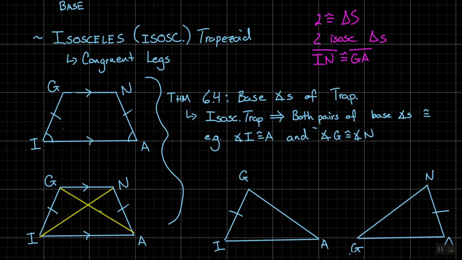Now, is there a side that's the same on both of them? IA is on both of them. And what did we just decide was true about angle I and angle A? So what's true about these triangles? They must be congruent. Side, angle, side.